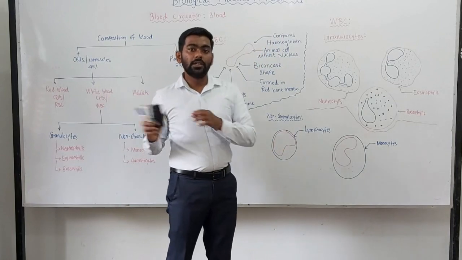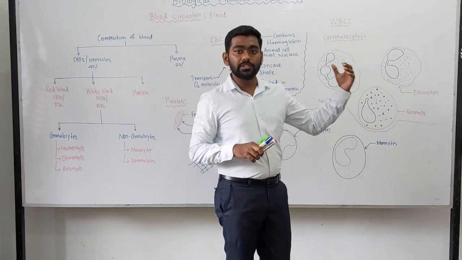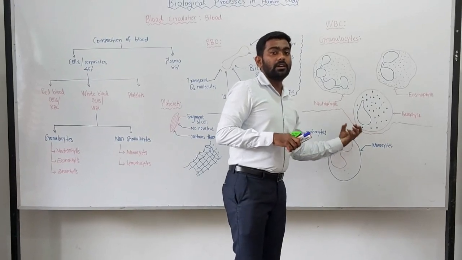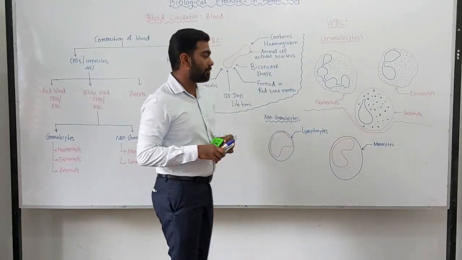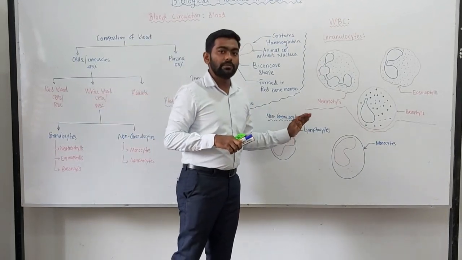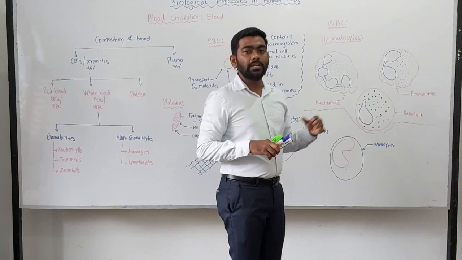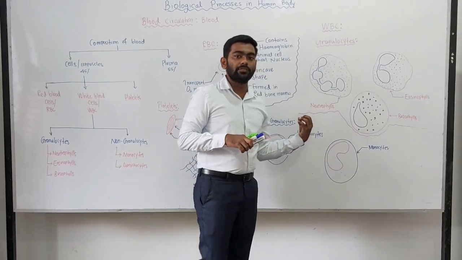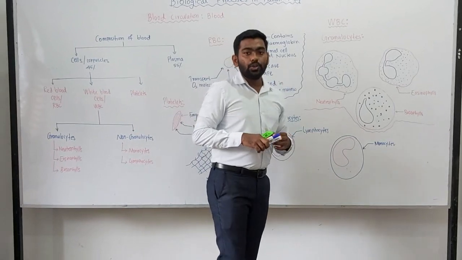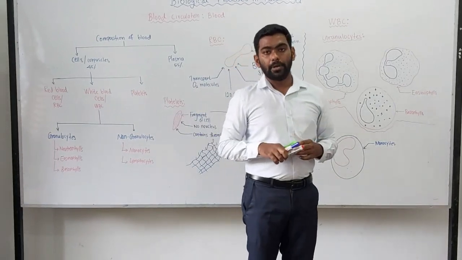Outside there are health workers and the military force fighting, and inside the body, they are the security forces. They create the immune system. Their lifetime is very short. Some of them have an extended life and some have a very short period of time. And they are also produced in bone marrow.